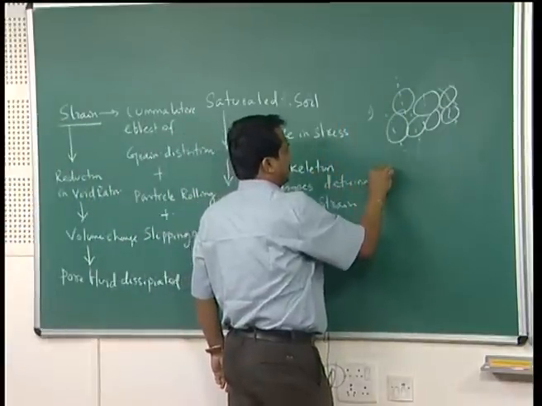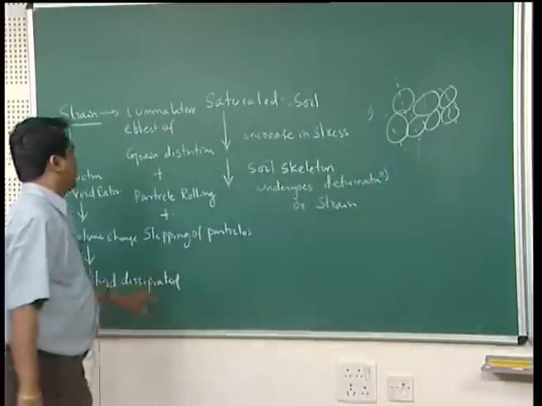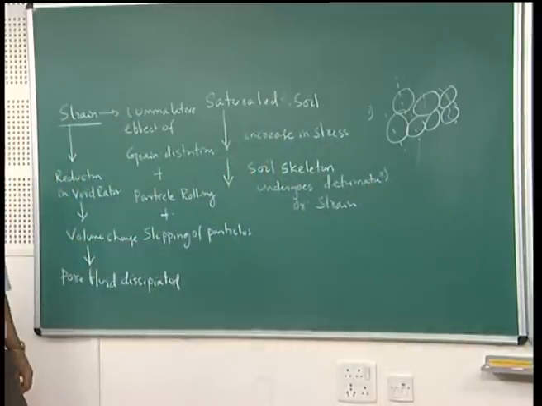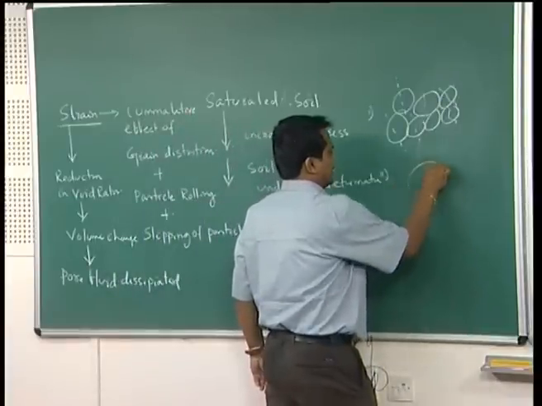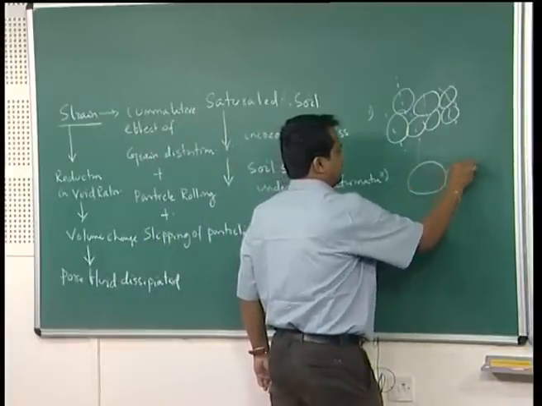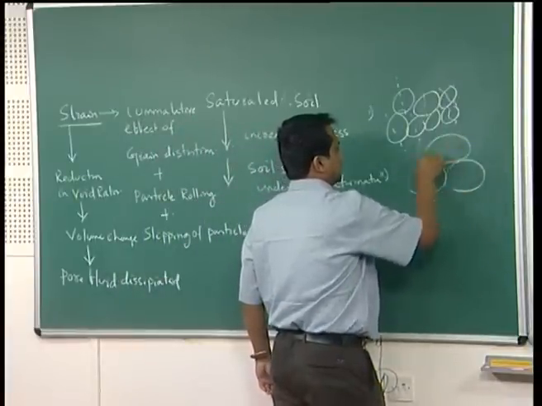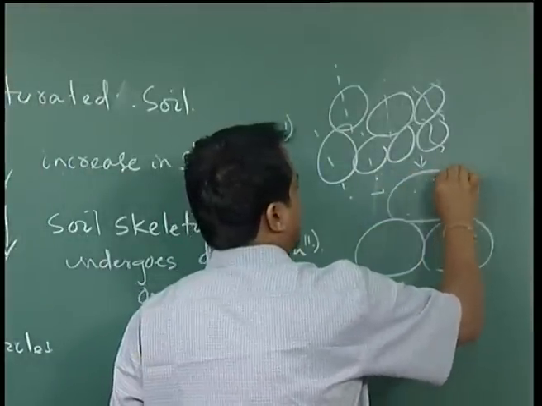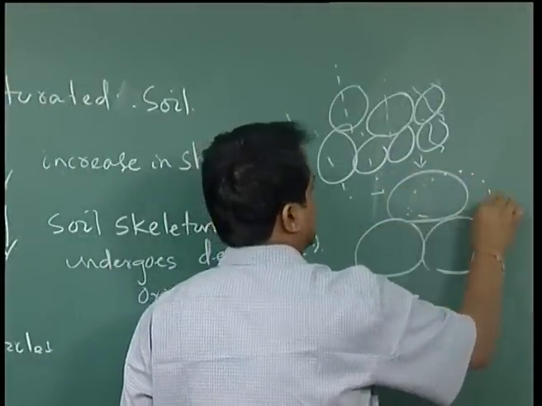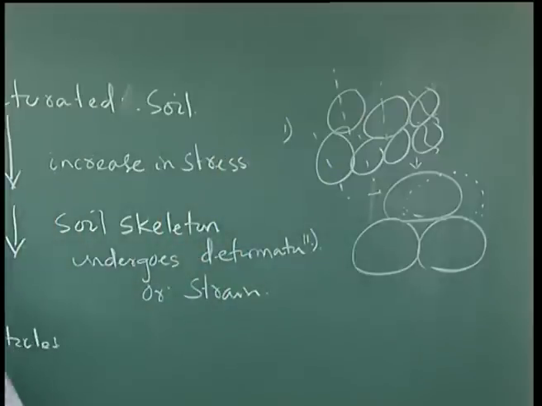Number 2, particle rolling. By externally applied stress, once you apply the load, the particle starts rolling above the other particles. Because of this rolling of particles, deformation will occur.